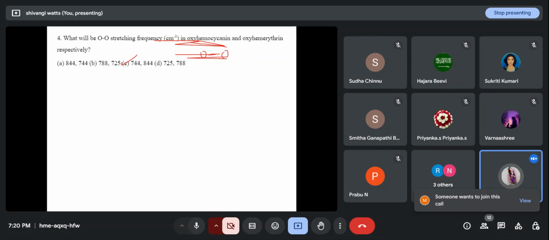It is a single bond, so the stretching frequency is less. But in hemerythrin, there is some double bond character, due to which there is a larger stretching frequency than that of the hemocyanin. So option C is the right option, 744 and 844.